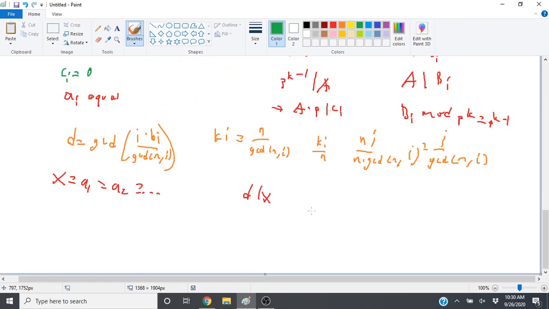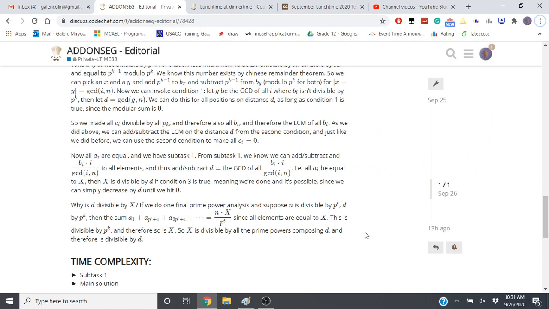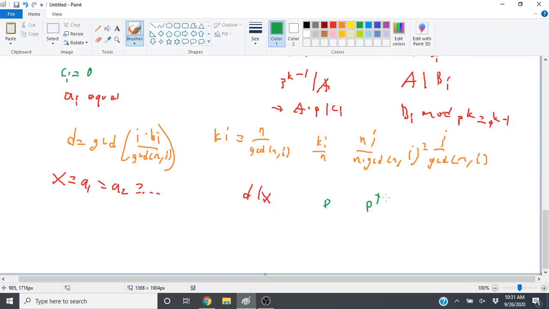Basically, consider some prime p. We'll say n is divisible by p to the t, and d is divisible by p to the k.